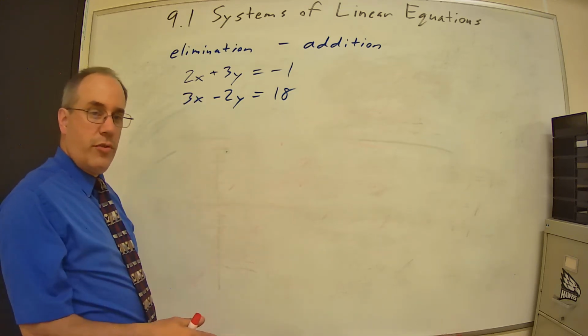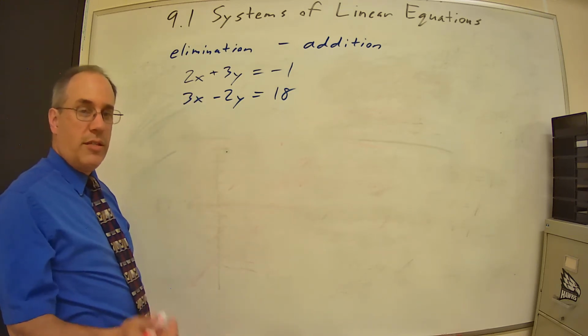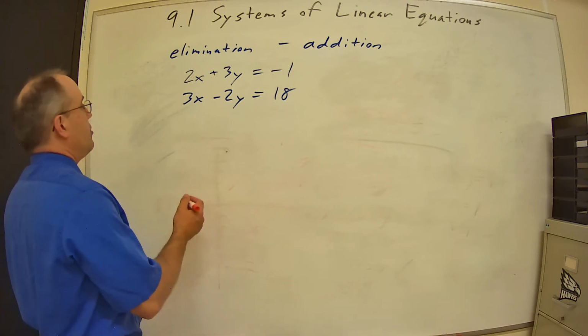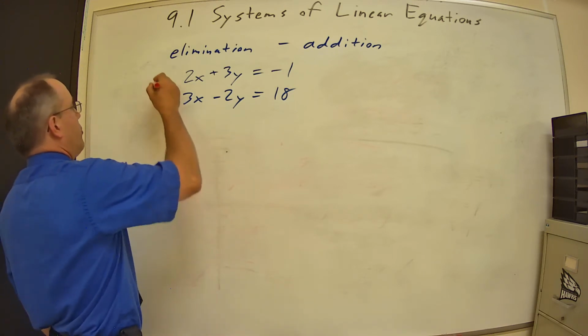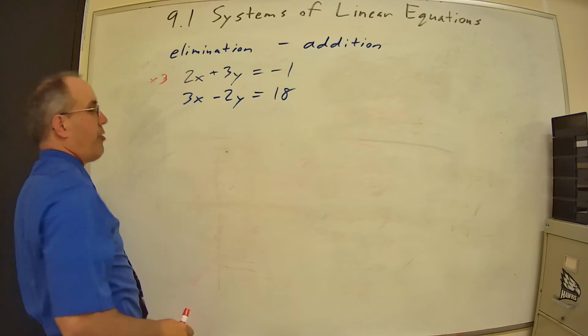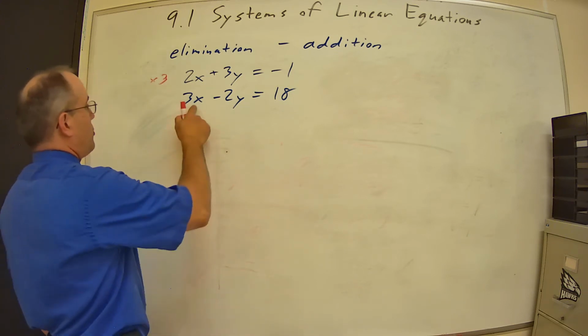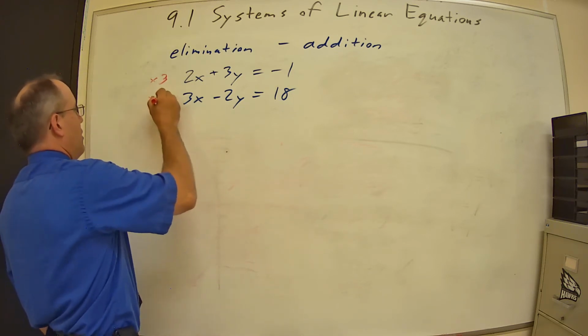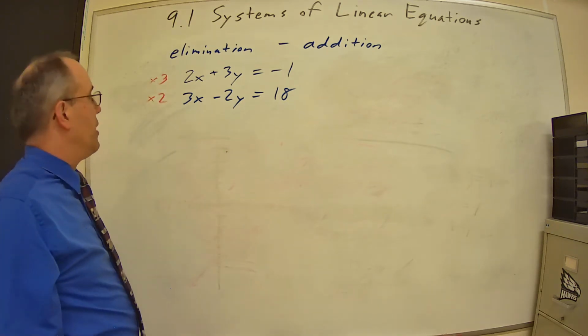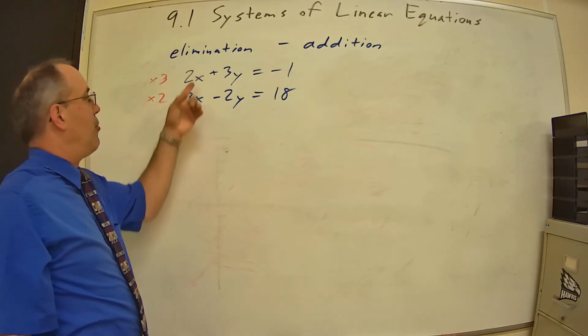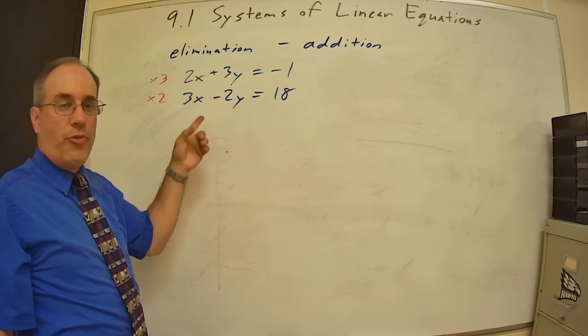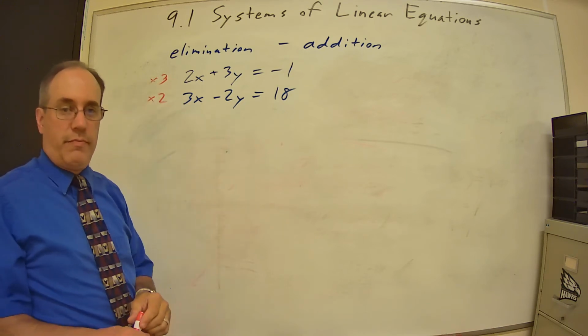If you have 2 and 3, the least common multiple is 6. So I'm going to multiply that first equation by 3. I'm going to multiply that second equation by 2. In doing so, I will cause these equations both to start with 6x.